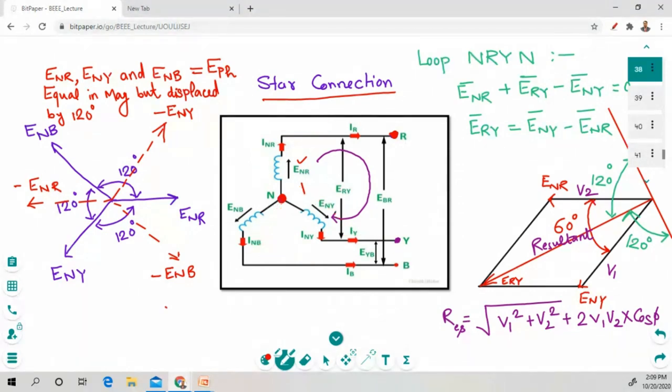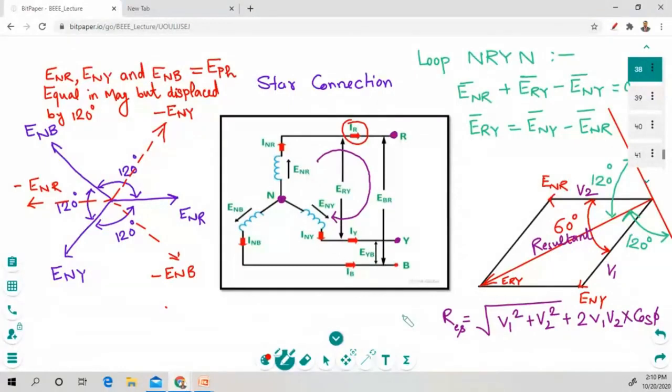Okay, so we have represented voltages and currents across each phase, line voltages and line currents. So as you can see right here, this is IR flowing across, called a line current. So why have we represented it in the form of IR?